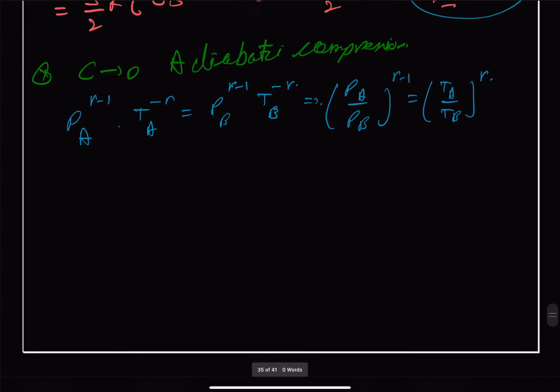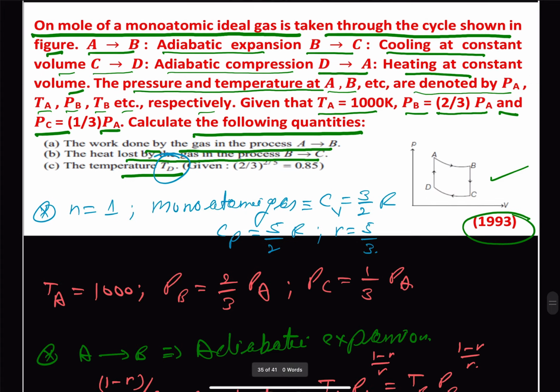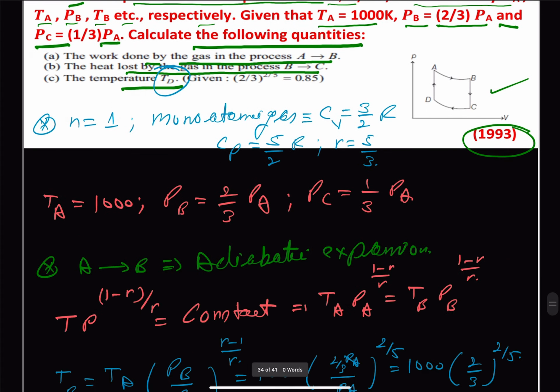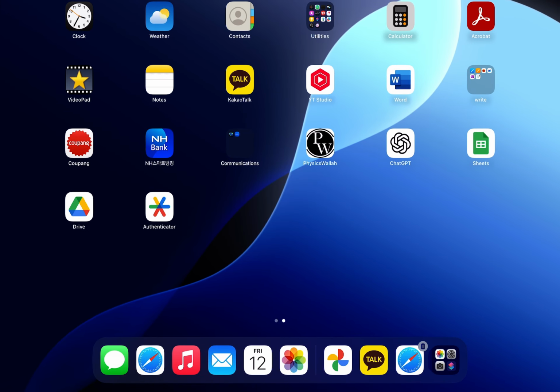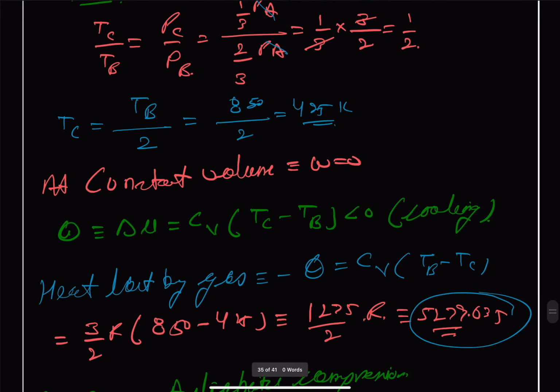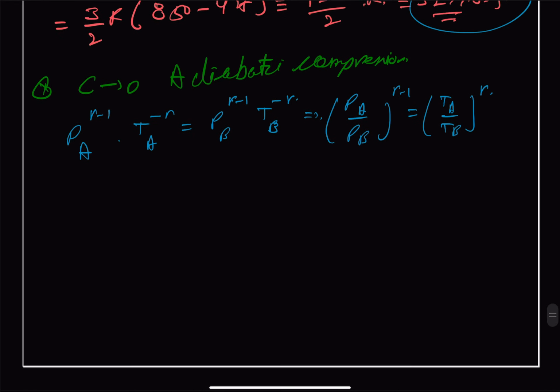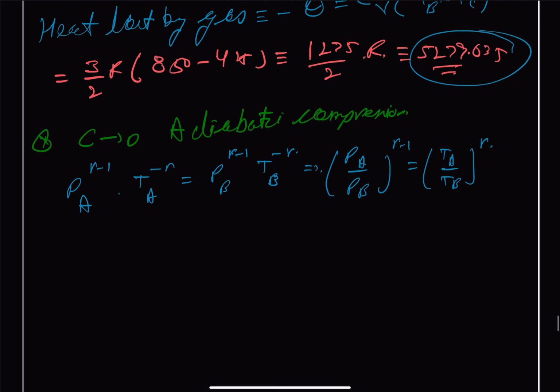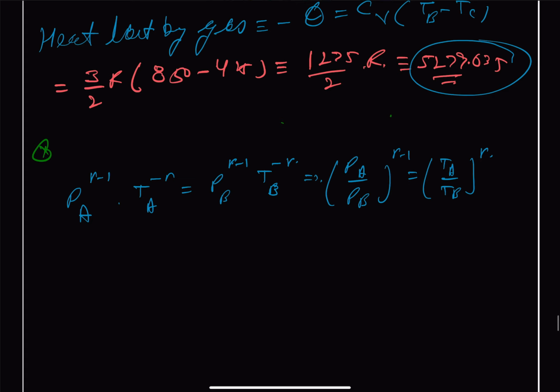And we have our path BC, sorry, so this is for path AB.